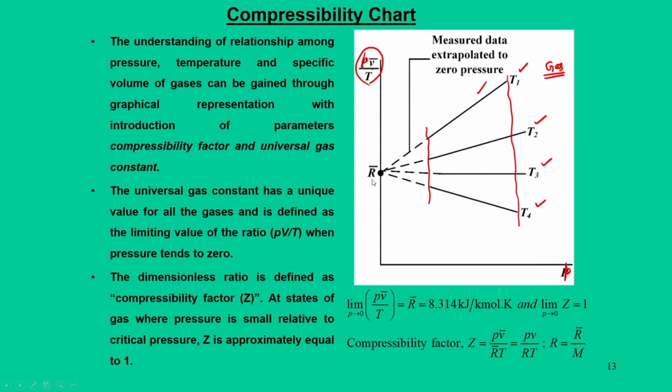This limiting value of PV bar by T is nothing but R bar. This is the significance of the universal gas constant. People have said this is the universal gas constant. Then it was examined whether it is true for all the gases or not.